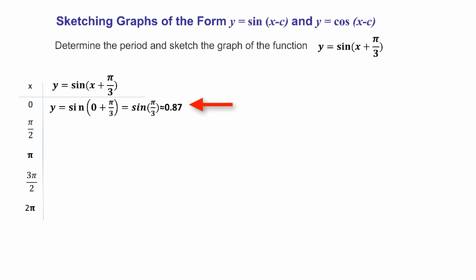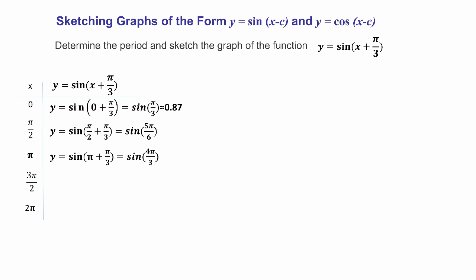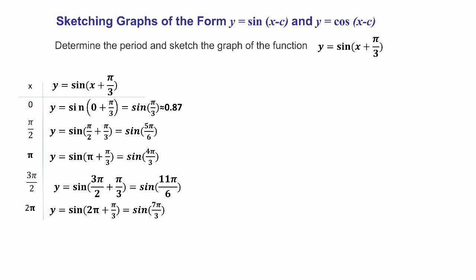Now you may recognize that pi over 3 is part of a special triangle, so you could figure out what the exact value is. But since we're graphing, we would really like an approximate number that we can actually place on our graph. So do the same thing for the rest of the points. Find an approximate y value.